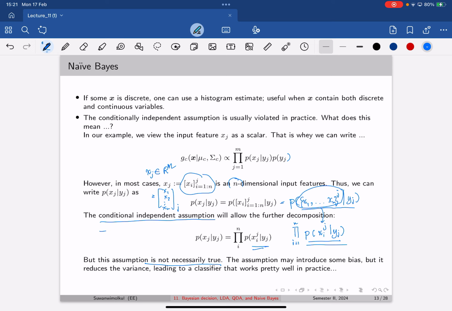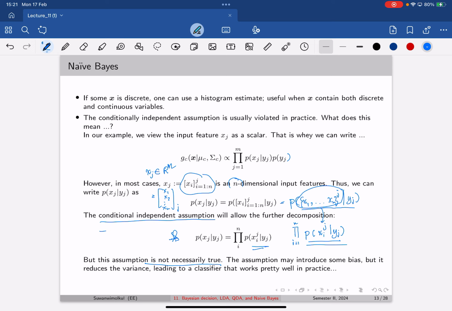They are related to one another and impact one another. Therefore, this assumption wouldn't be true. But people normally use it anyway because it's easier to compute. So this assumption is normally violated, but it simplifies your calculation.